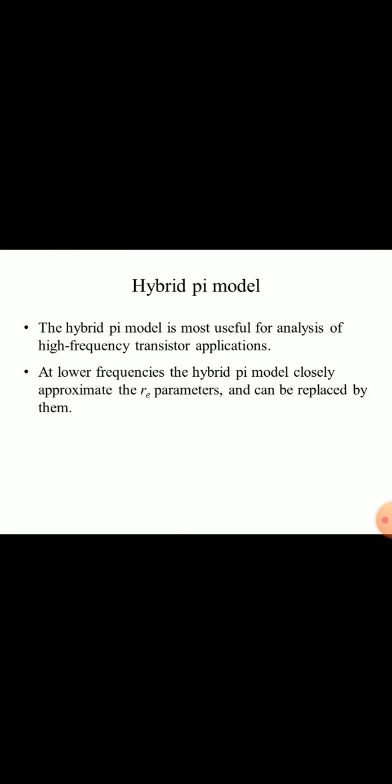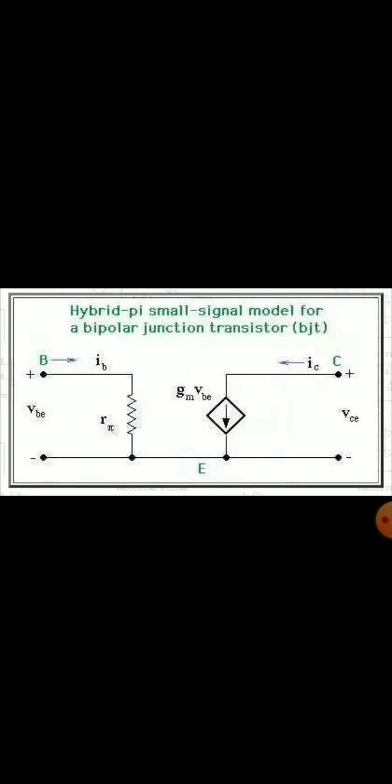So the next one is the resistance value R pi, that is R dash B E. It is between the virtual base, meaning B dash, and the emitter region. Next is the resistance between B dash and C. Due to the Early effect, the varying voltage across the collector to emitter junction results in base width modulation.